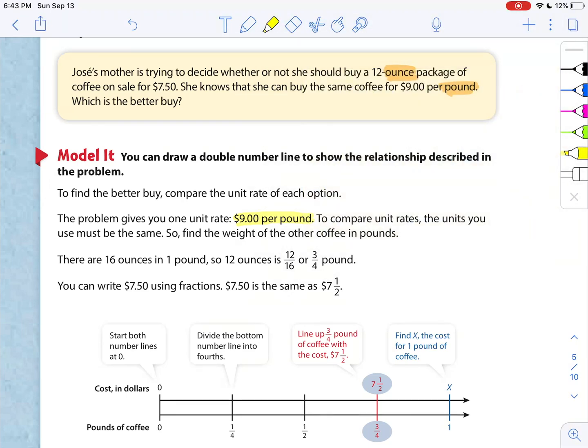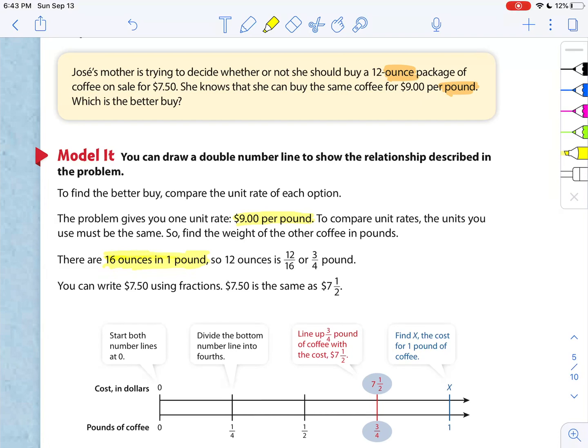So we want to convert our 12 ounces to pounds. Well, there is one thing we must know: there are 16 ounces in a pound. This is a common fact that is a good life fact to know, so put it in your memory.